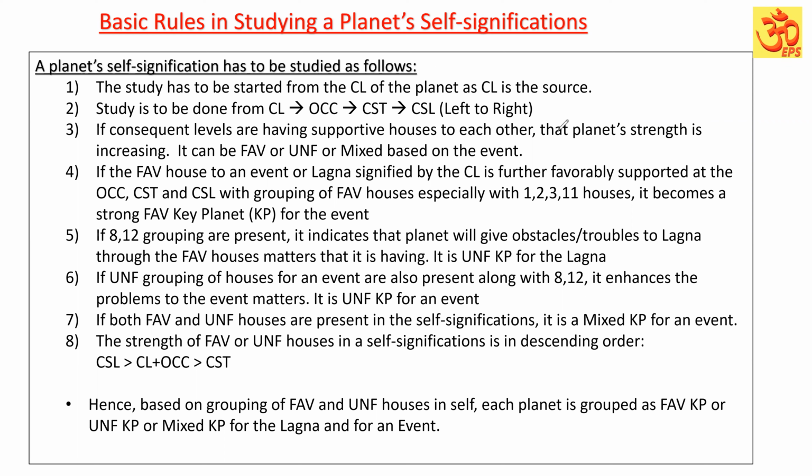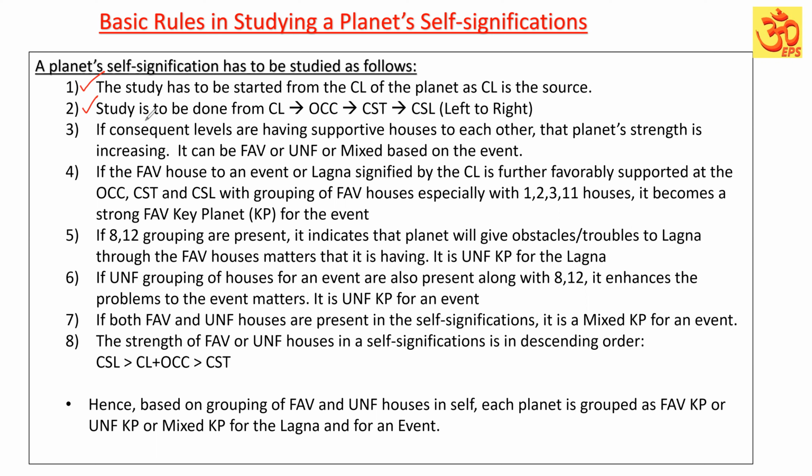It means suppose a planet is Lagna Lord or 5th Lord or 7th Lord. That is, the cuspal lordship is the source. So we have to study a planet's self-significations from the cuspal lordship. I hope you have understood. Let us start from the cuspal lordship.